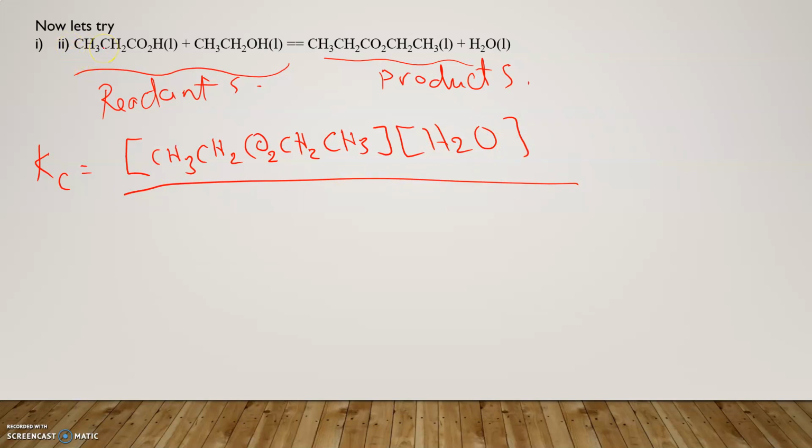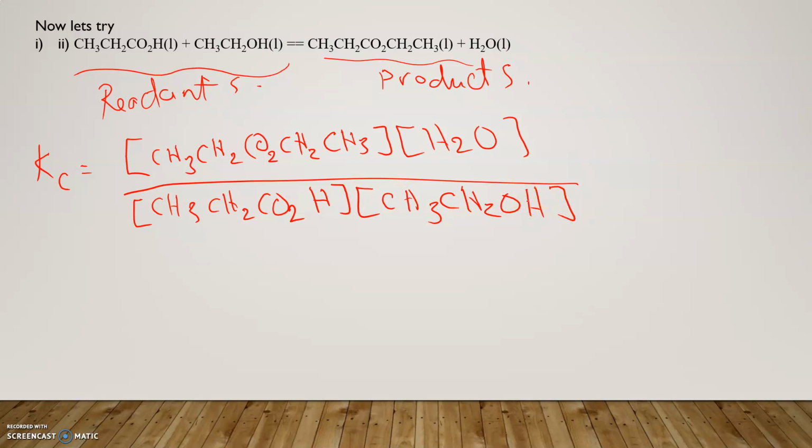Okay, here for each of them we have 1 mole, so it's CH3CH2CO2H times the concentration of CH3CH2OH. This is the expression. Now let's calculate the unit.